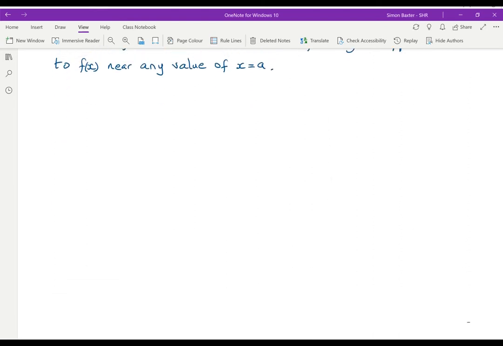Well, let us take two functions, f and g.